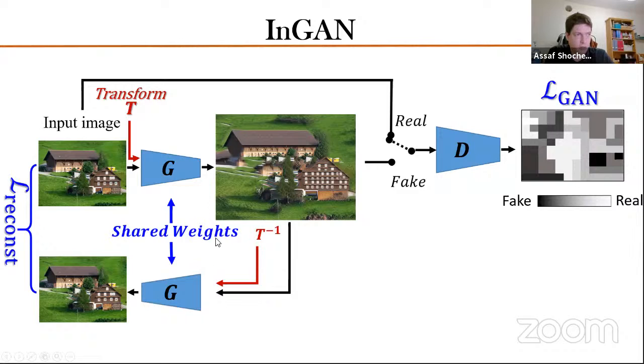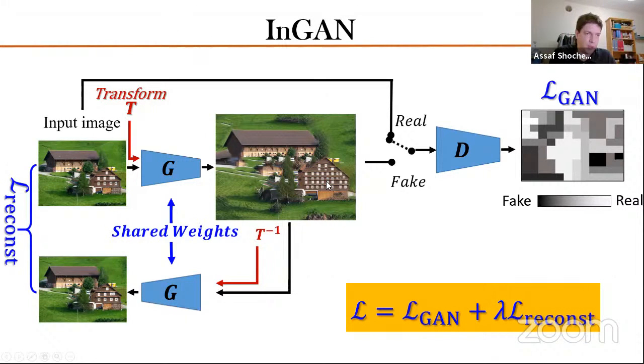You can see that the second instance of the generator actually has the same challenge as the original instance, because both of them need to do this retargeting. This one always gets the same input but has different outputs according to the transformation, and the second one gets various inputs but always has to output the same result, which is the original image. The final loss is the GAN loss plus the reconstruction loss for this cycle over here.